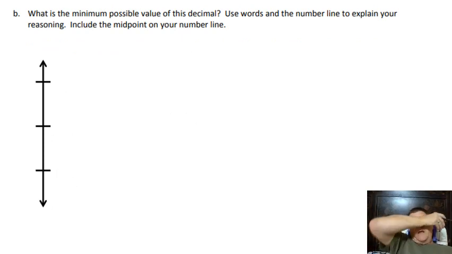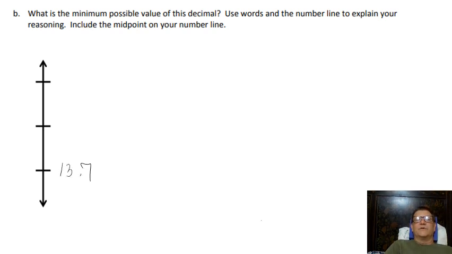Okay, B. What is the minimum value of this decimal? Well, I'm going to fill out the number line. We know this is 13.7. Excuse me, it wants to know the minimum value. So if I have 13.7 here, I would take 13.6 here, because I'm looking for the minimum.